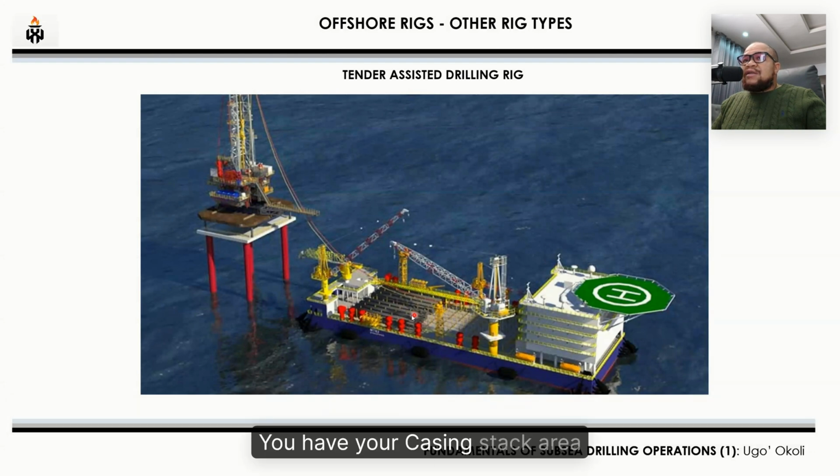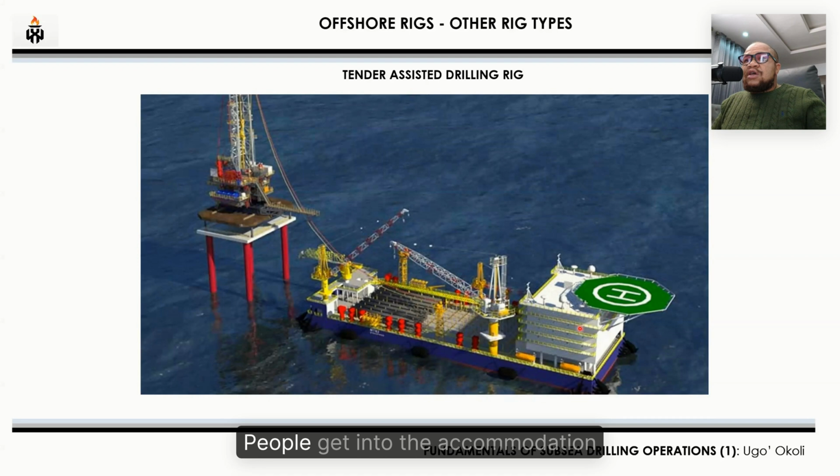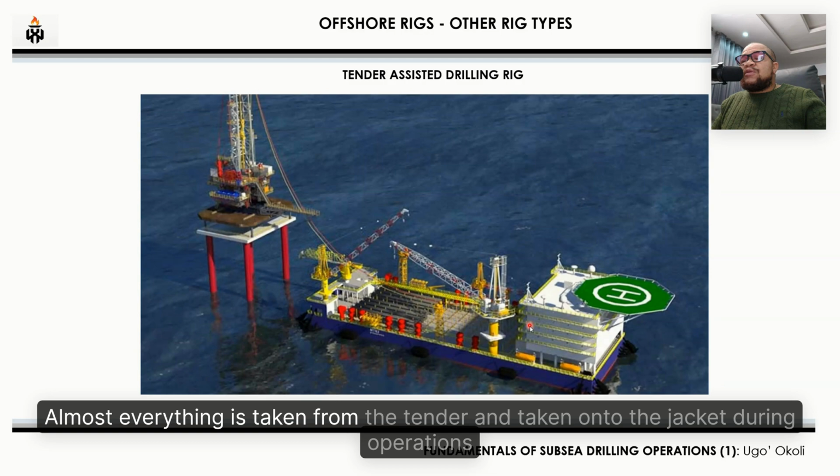You have your casing stack, the area where you stack your casing. You have your heli deck, that's the quarters, where the chopper lands and people get into the accommodation. Everything pretty much sits on here. The only thing that stays here is the doghouse and all the drilling operations that happen here. Almost everything is taken from the tender and taken onto the jacket during operations.